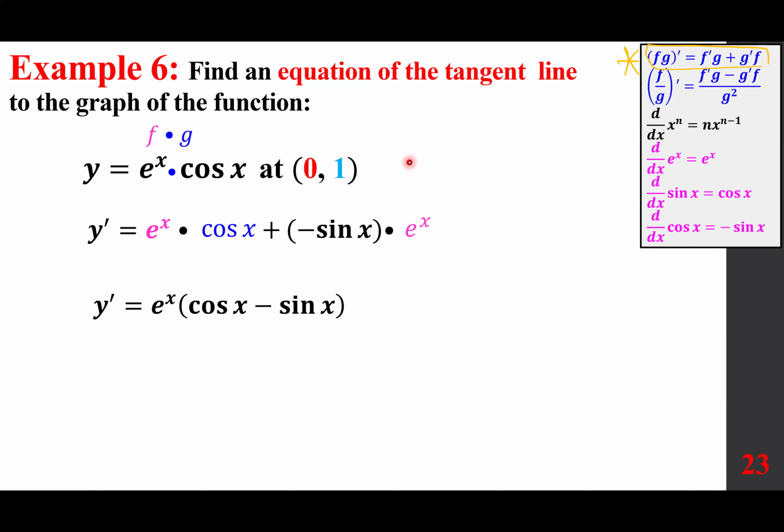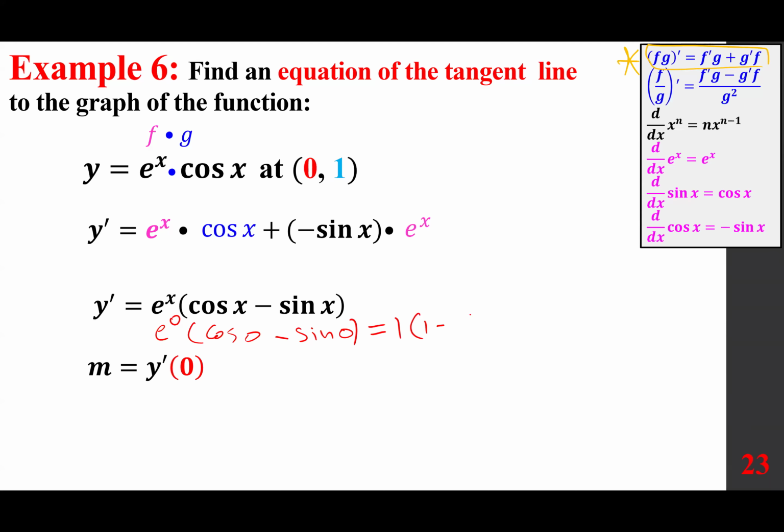To come up with the slope, this is not the slope, this is the derivative function. m is y prime of 0. So we're going to plug in 0. e to the power of 0, cosine of 0, minus sine of 0.